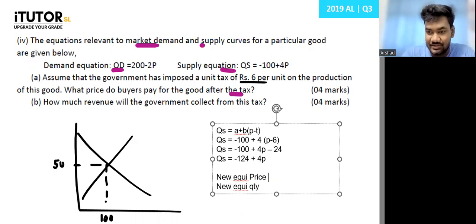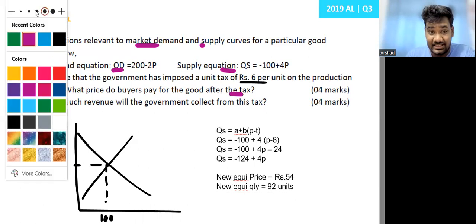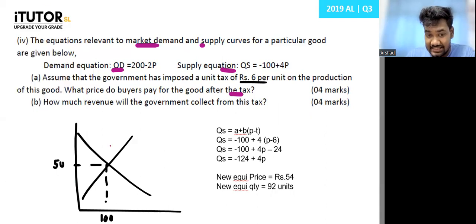Yes, others also. 54, quantity 92 units. Right. So what has happened over here? Now the government has put in a tax, supply shifts to the left, and now you have a new equilibrium price of 54 and a new equilibrium quantity of 92.